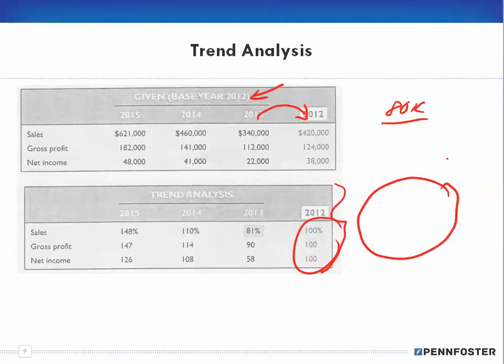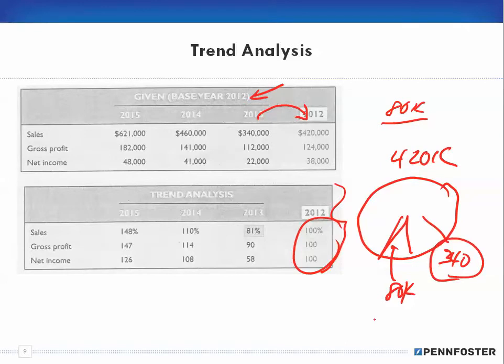Here's my pie. If this is the 80,000, and this is the 340,000, this whole amount is 420,000. So what percentage of the 420,000 is this 340,000? Well, it's 81%.